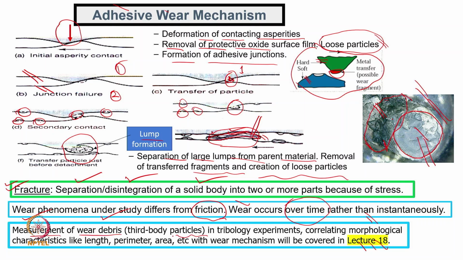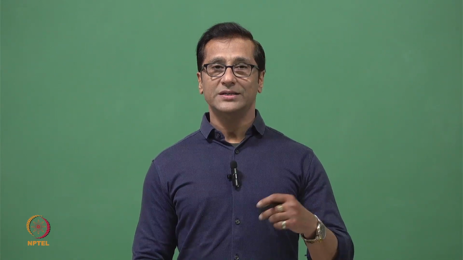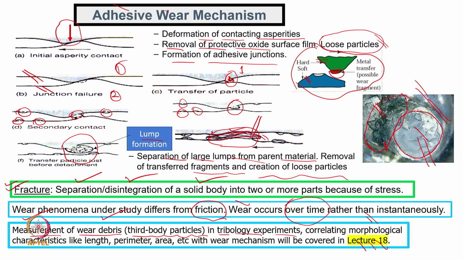Wear debris is a third body particle, not parent material 1 or material 2. It has come out as a third material, and we need to do experiments on measurement of the wear debris and figure out the morphology of the wear particles.